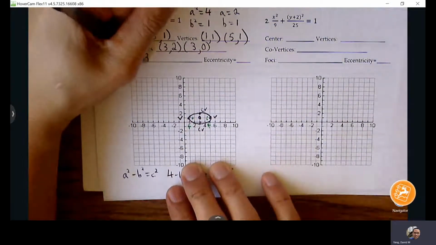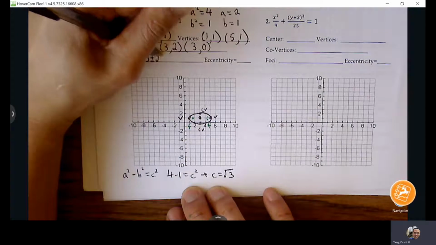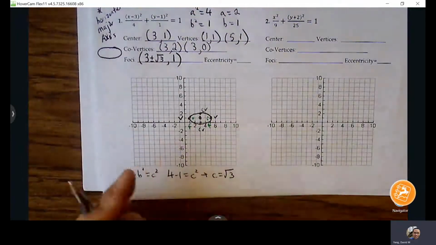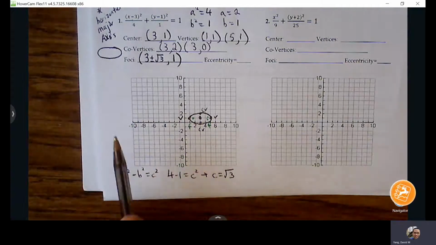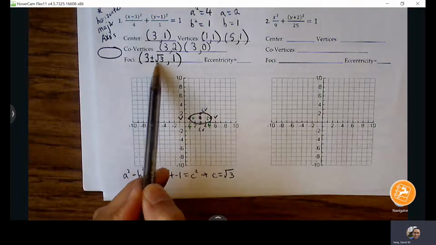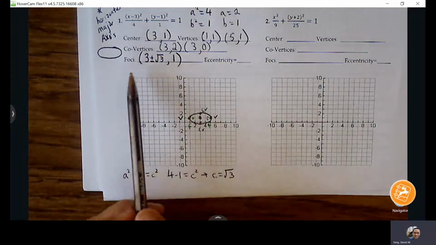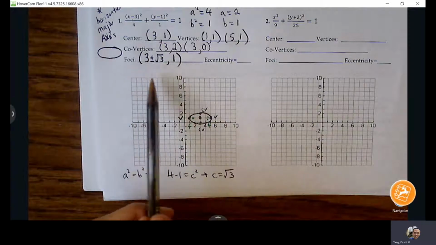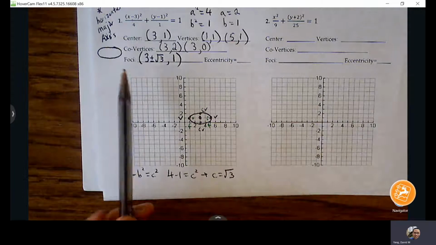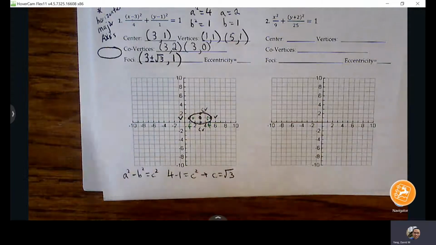So we say 3 plus or minus root 3, but then the foci are all staying at a constant Y value of 1. It's just that we're shifting the X values left and right. So we could do 3 minus root 3 and 3 plus root 3 and find the decimals, but this is a shorthand way of representing those two ordered pairs without having to write a whole bunch.